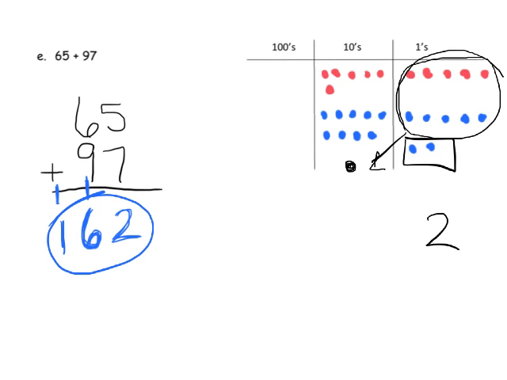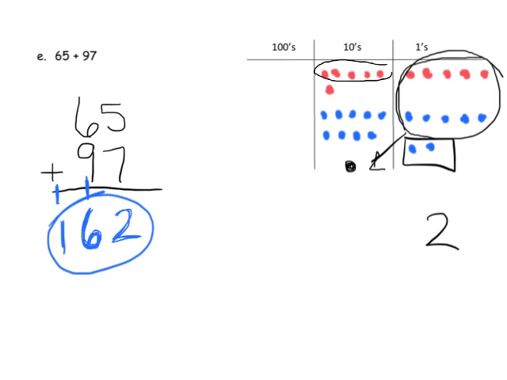And now I can add our tens. And we can see that these 5 plus these 5 equal a 10. So let's see how I can do this.